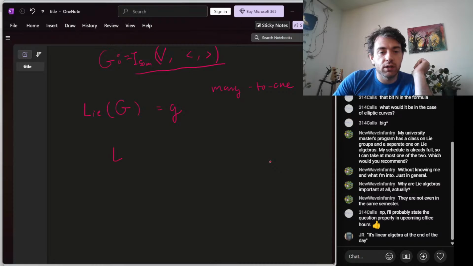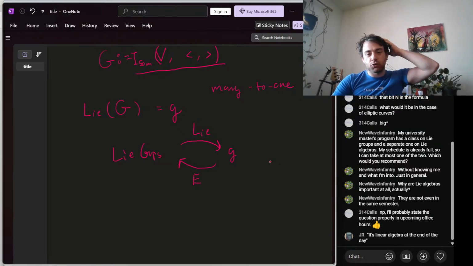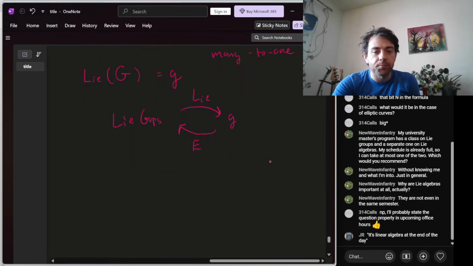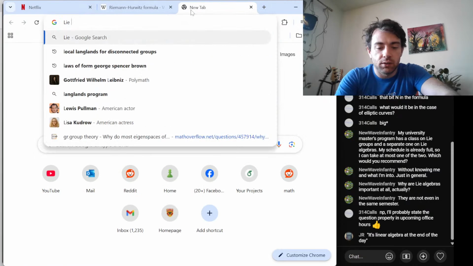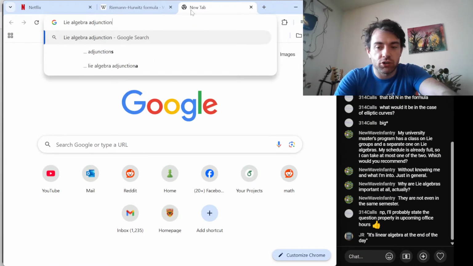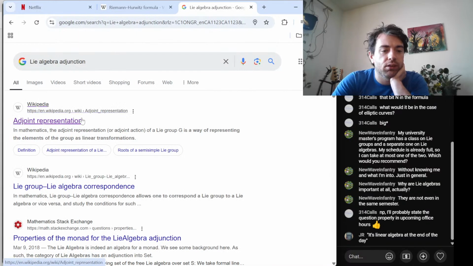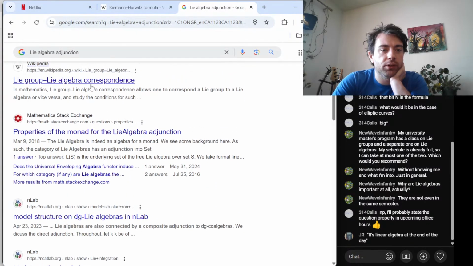So we have the category of Lie groups, and here we have taking Lie algebras, and going back, I don't even know what we would call this. Maybe we could abusively call this exp. Maybe I'll call it E, sort of like an exponential map of sorts. I forget which is the left and which is the right. Let's look up the Lie group, Lie algebra correspondence.